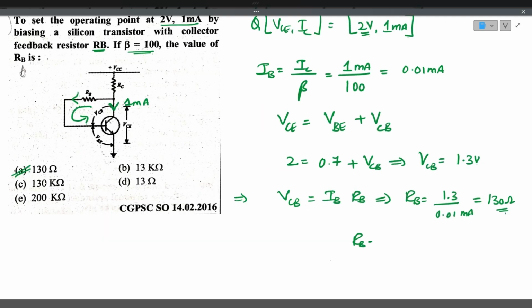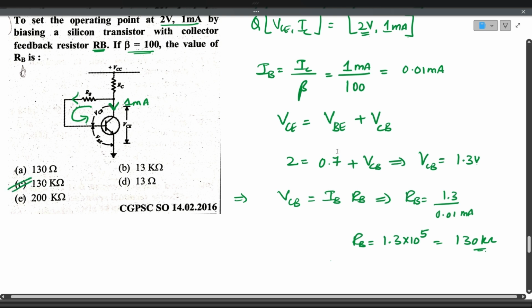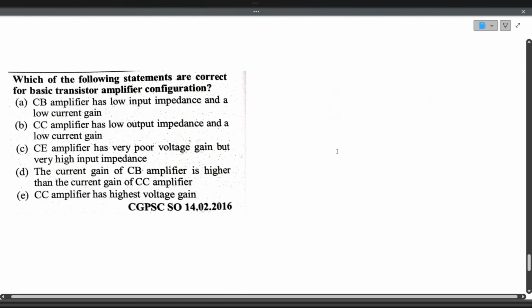Then RB equals 1.3 times 10 to the power of 5. So it is 130 kilo ohms. It is not 130, it is 130 kilo ohms. The answer is option C. We'll see the next question.